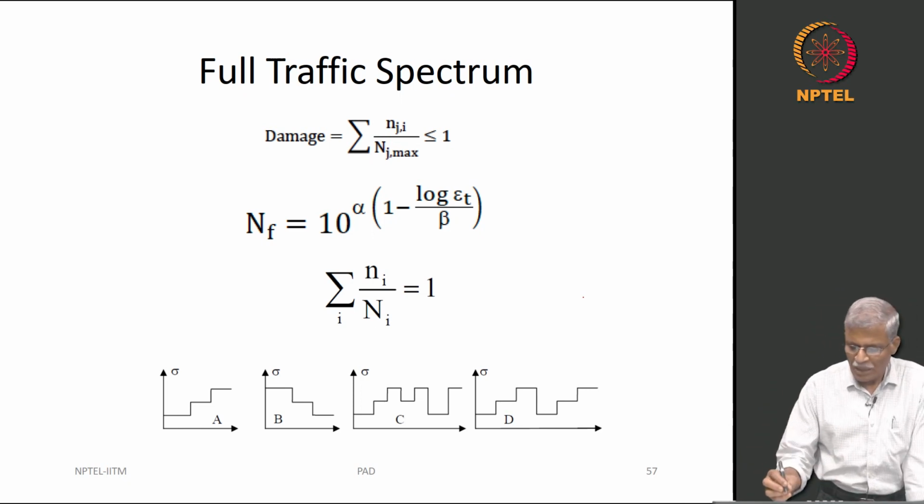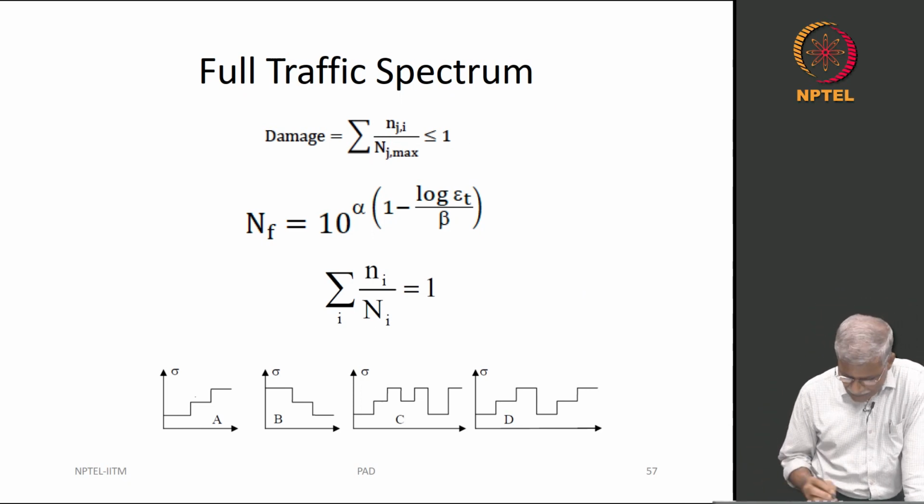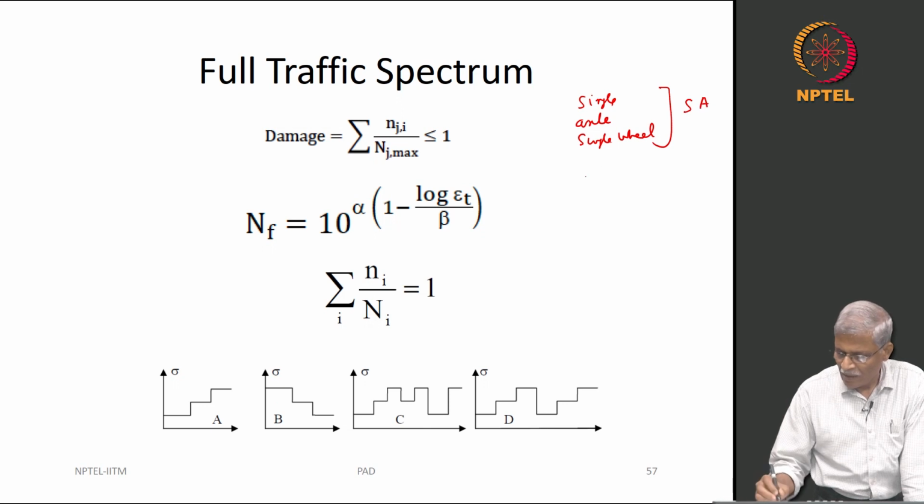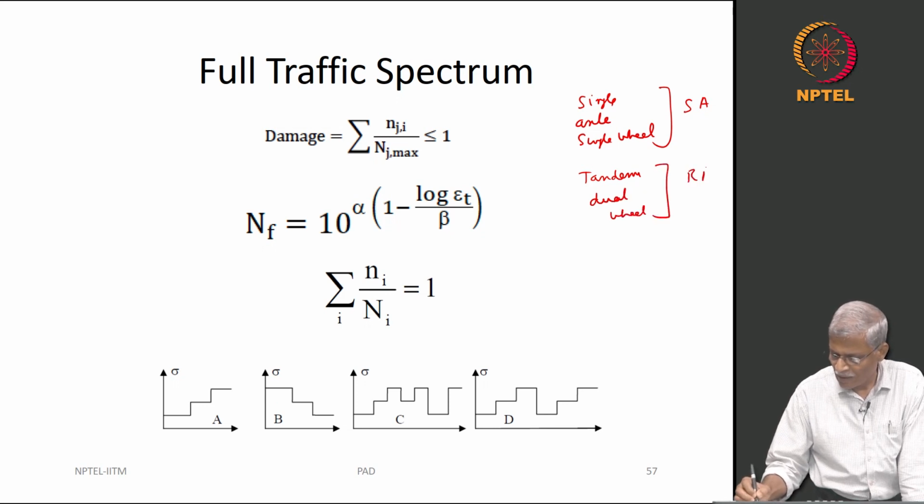So, that means let us say I take a single axle, single wheel. So, this is your steering axle, then tandem dual wheel. So, this is a rear axle.